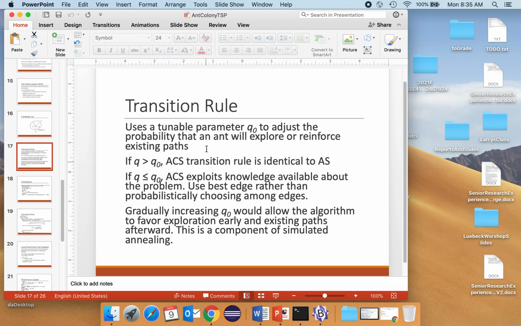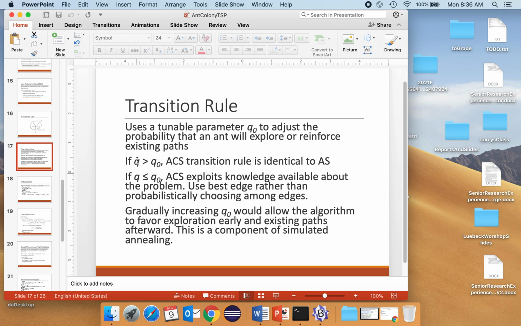The transition rule is really interesting. Here we grab an idea of simulated annealing, really, where, well, actually, no, it's exploration versus exploitation, something we have already heard about. So we have this tunable parameter Q0 to adjust the probability that an ant will explore or exploit and reinforce an existing path.